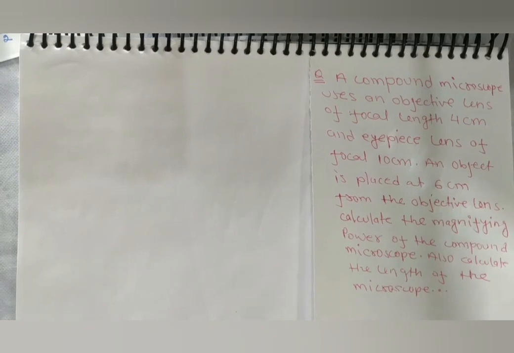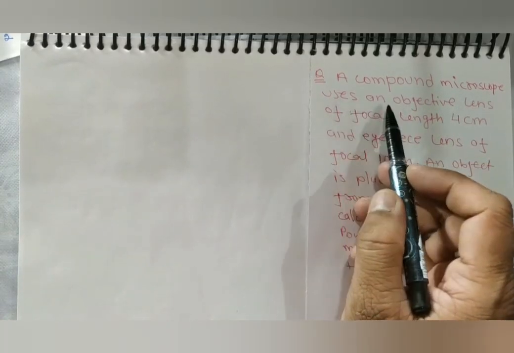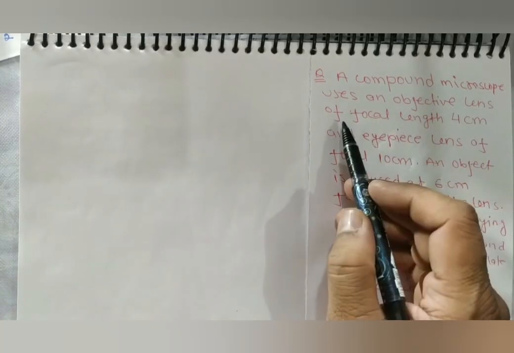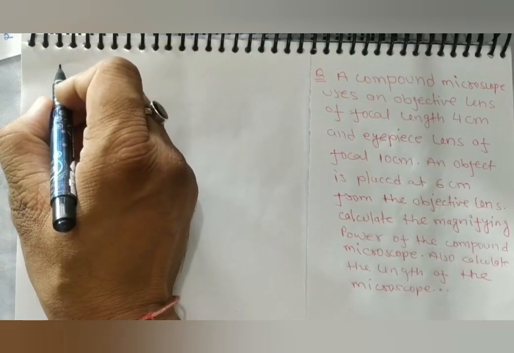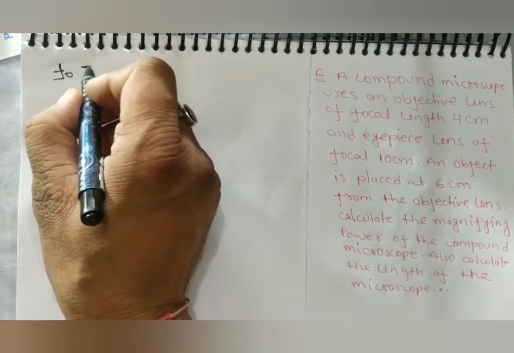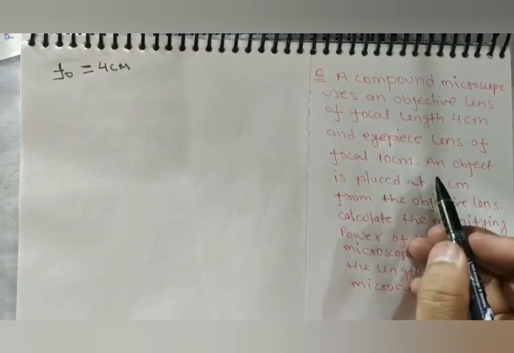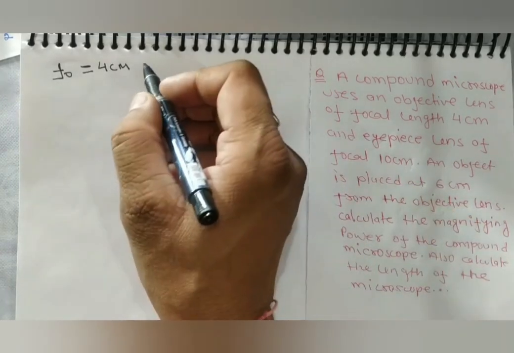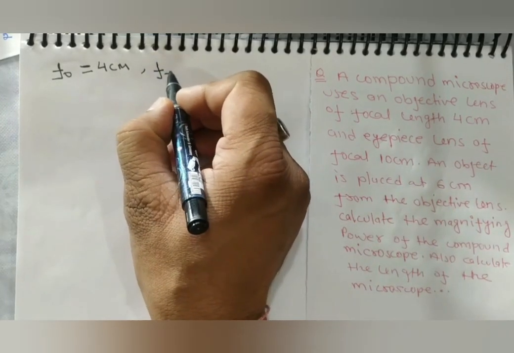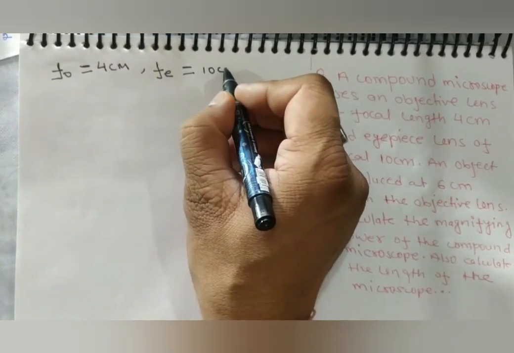Okay, see the question here. A compound microscope uses an objective lens of focal length 4 cm, that is f0 is given, f0 is 4 cm, and eyepiece lens of 10 cm, that means focal length of eyepiece is 10 cm.